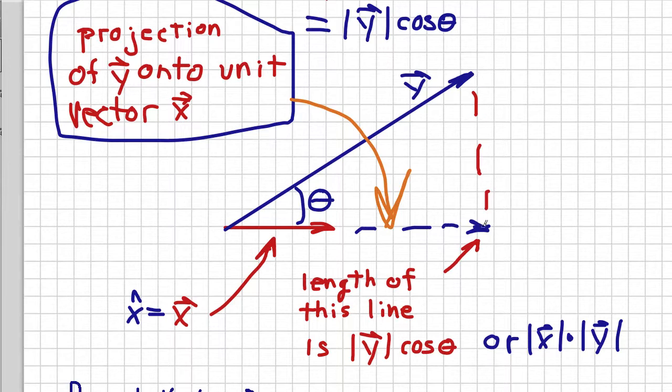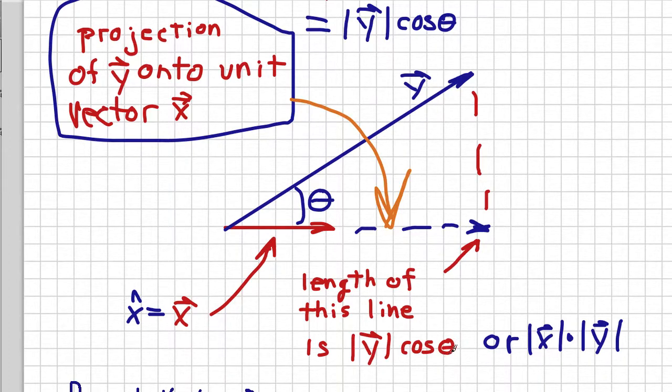I make this a right triangle like this. So in particular, I'm looking at what is the length of this side of this right triangle if the length of this side is magnitude of y. Well, if this angle's theta, the length of this side right here is just magnitude of y cosine theta. So this side right here is magnitude of y cosine theta.